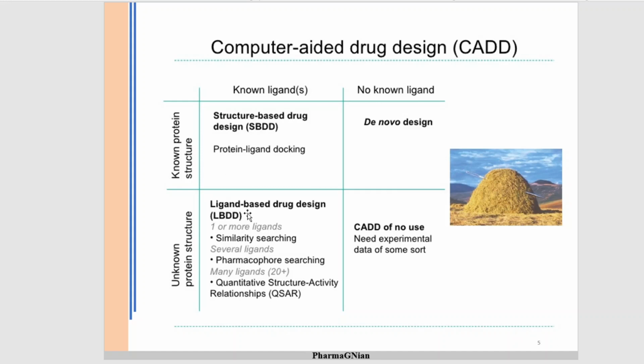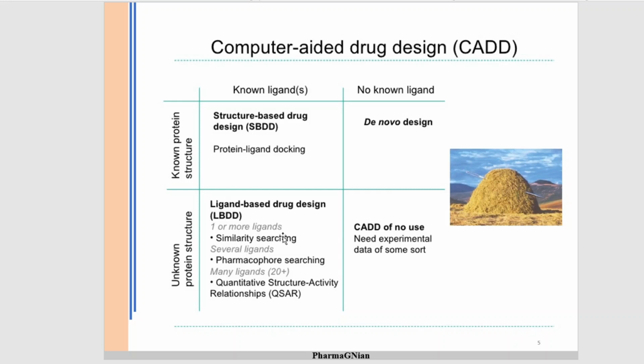Next is ligand-based drug design. It is called ligand-based drug design when we have a known ligand but we don't have the protein structure. It relies on the knowledge of molecules that bind to the biological target of interest.